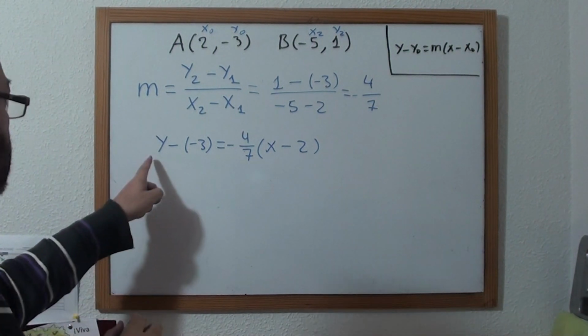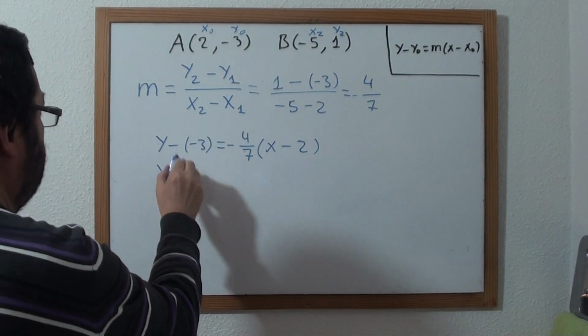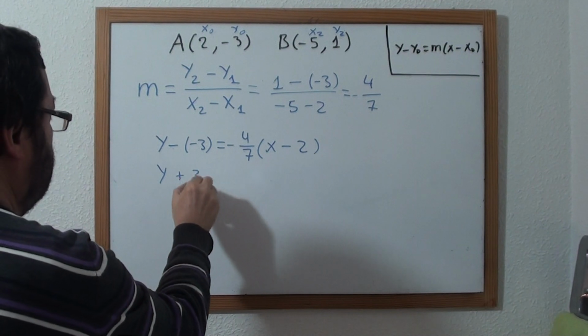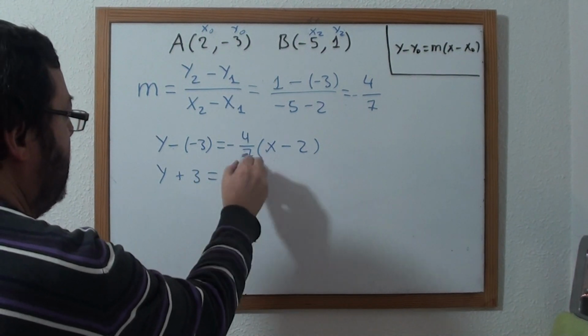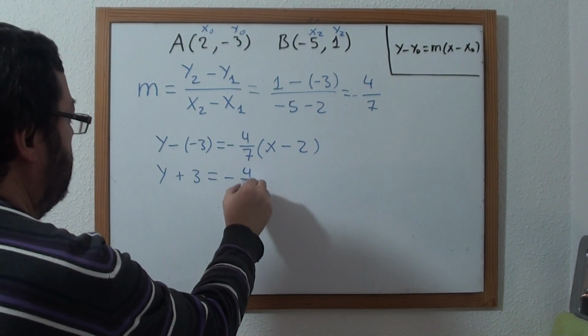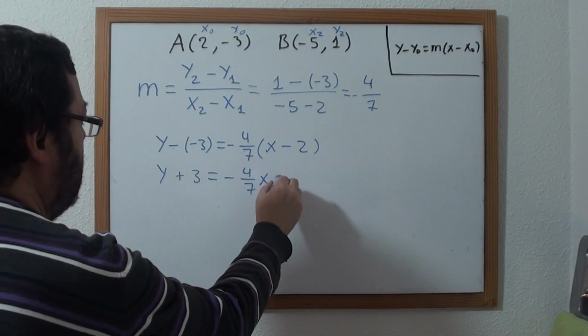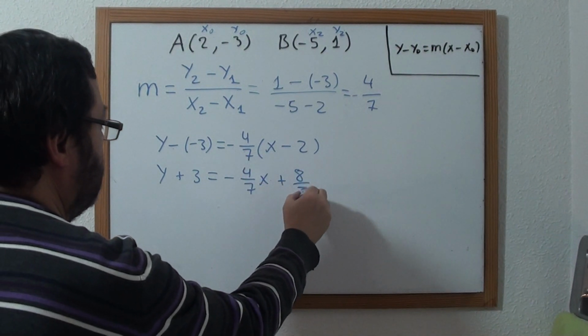Okay, so now y minus minus is plus, y plus 3. I multiply inside the parentheses, so minus 4/7 of x plus 8/7.